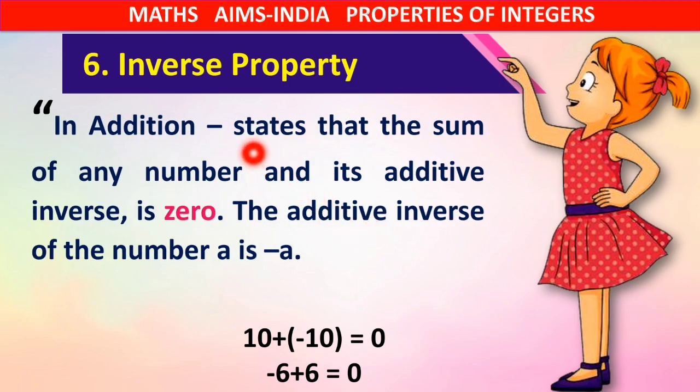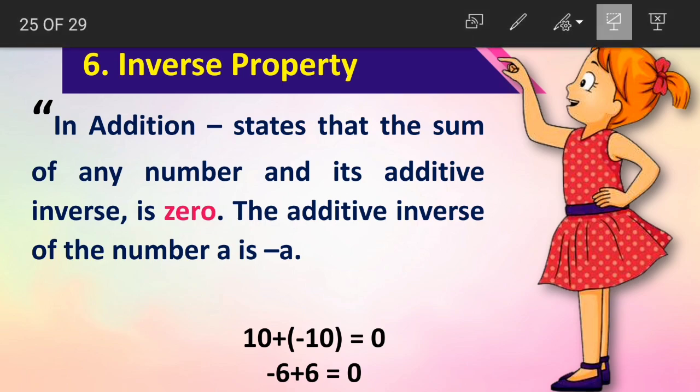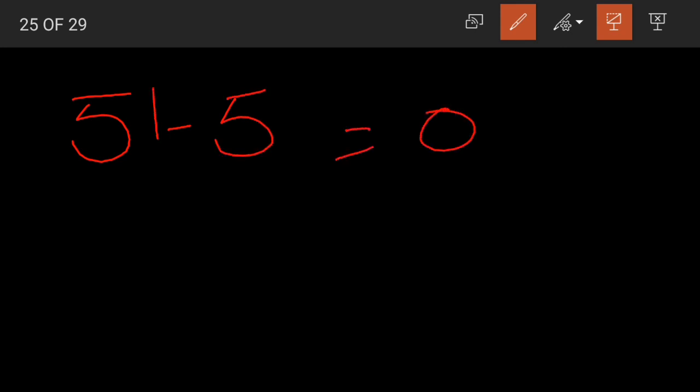Now what is the inverse property? In addition, it states that the sum of any number and its additive inverse is 0. Again, I use the example of putting 5 leaves in a box and then removing all the 5 leaves. I got 0 as the answer, right?